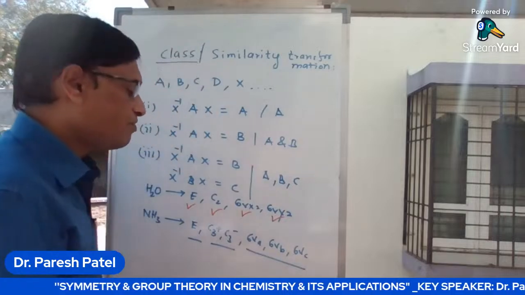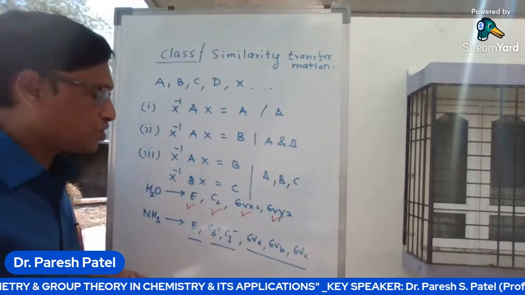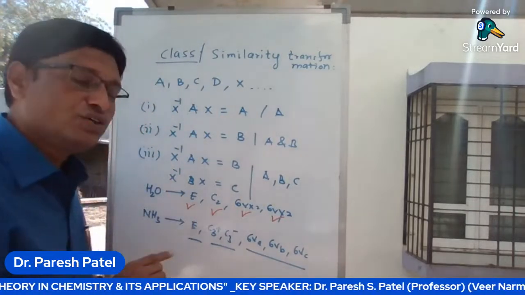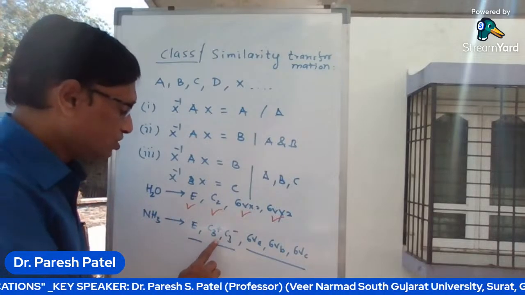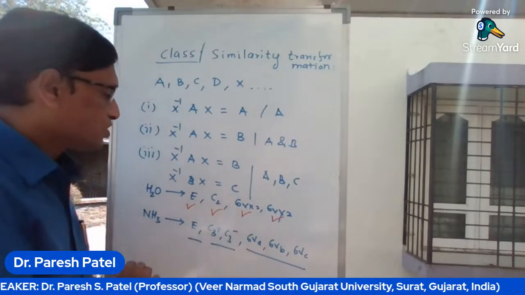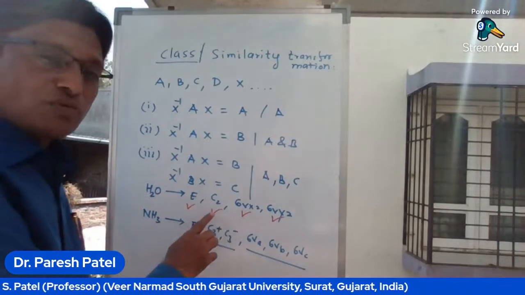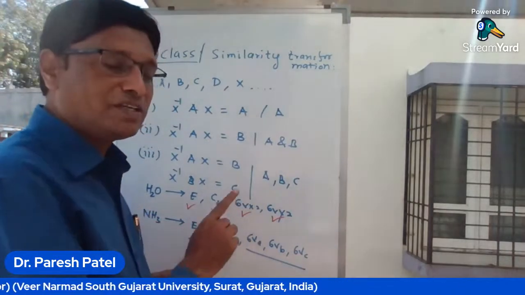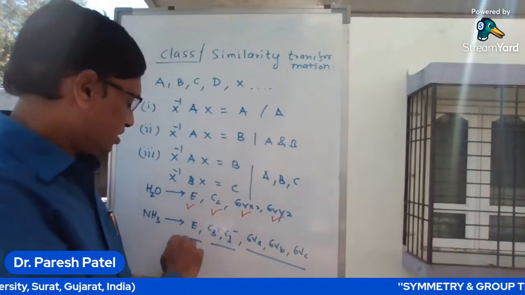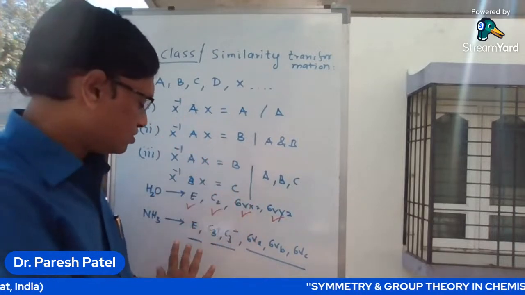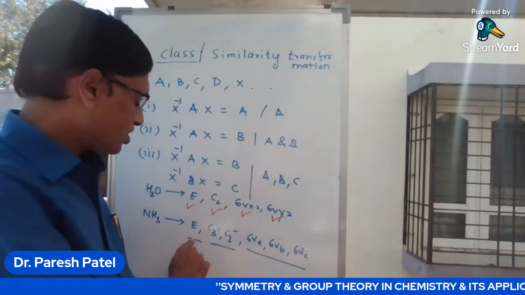And sigma Va, sigma Vb, sigma Vc conjugate to one another to form a combined class. So, in case of the ammonia molecule, the number of classes is equal to 3: 1, 2, and 3. Okay, so remember, dear students, water molecule consists of 4 symmetry elements and the number of classes is equal to 4. And in ammonia molecule, the number of symmetry elements is equal to 6, but the number of classes is equal to 3.